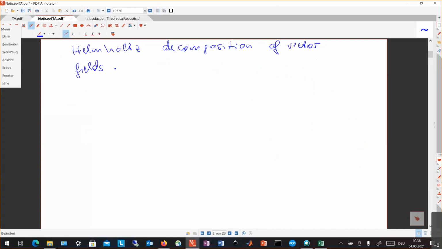And that tells us any vector field, and I write it already for the velocity, it makes sense because we are discussing fluid dynamics, can be described by the curl of a vector plus the gradient of any scalar. I take here phi. Yeah? So this we call a vector potential. And this we call a scalar potential.